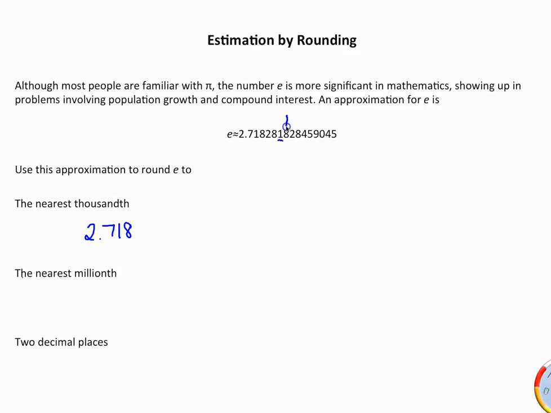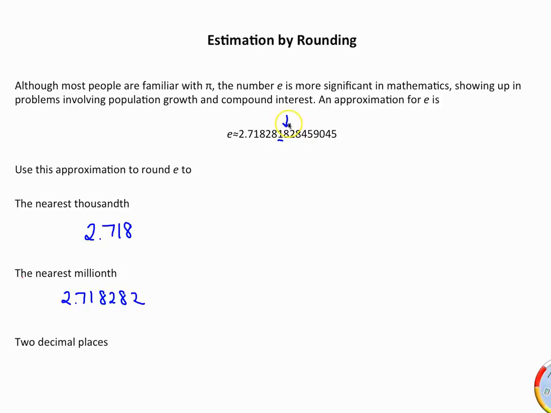The number immediately to the right of the digit I'm rounding to is larger than 5, so I'll increase the 1 to a 2 and drop the rest of the digits. So I wind up with 2.718282. Double checking that I'm in the millionths place.